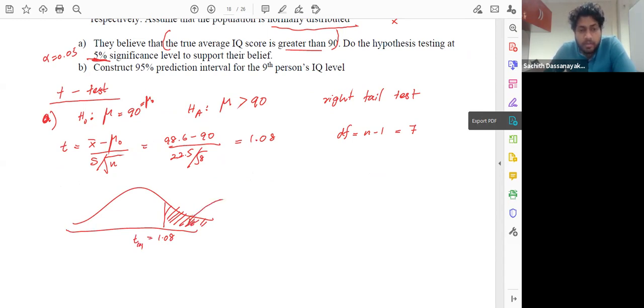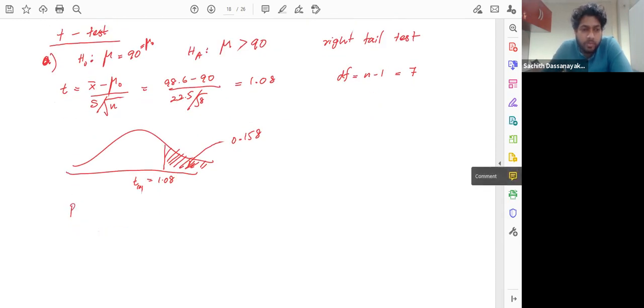Once I get the p value, you have to go to the t table and find where this value is, using rows and columns and also the degree of freedom. You need this degree of freedom. Get the value, get the probability. That probability equals 0.158. So you can see that this is your p value.